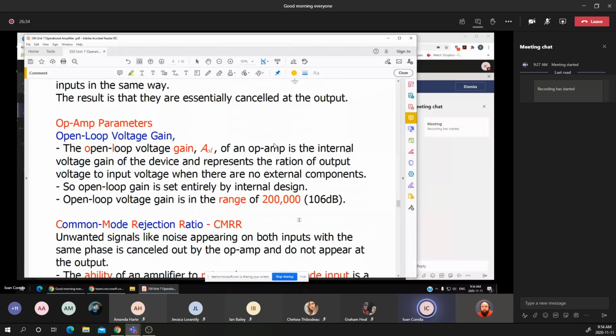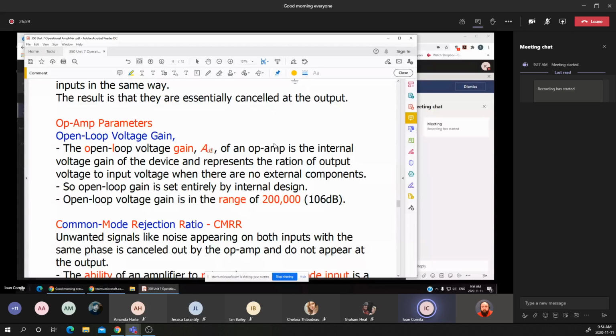Usually, this value is very high. Ideally, it's an infinite value, but the specs of the 741, for example, is in the range of 200,000. Means that it's a very high level of the gain. But again, that's an open loop.